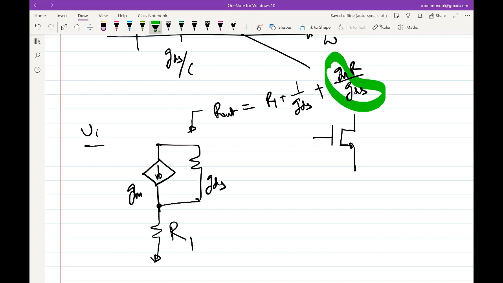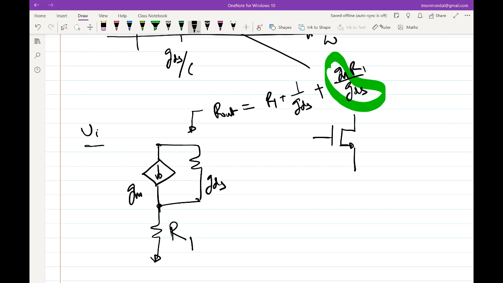If this is 1, then this is R1, right? So if this is more than 1, and if I also make the assumption that GM times R1 is more than 1, then clearly the third term is dominating. Okay.